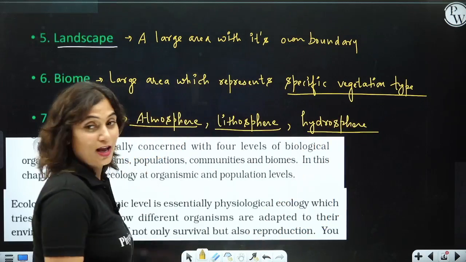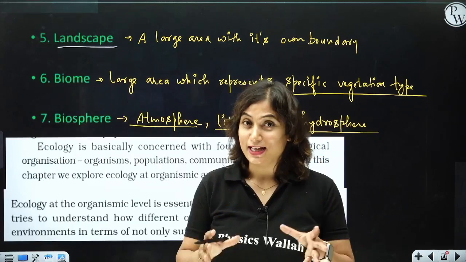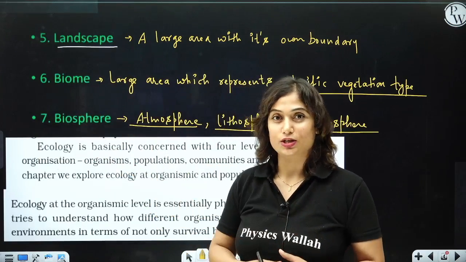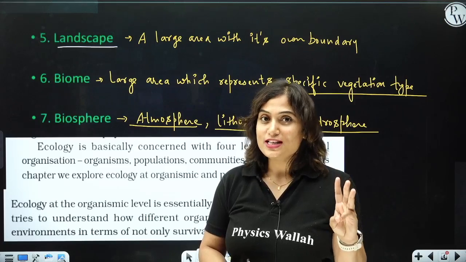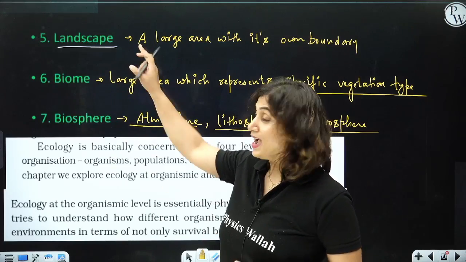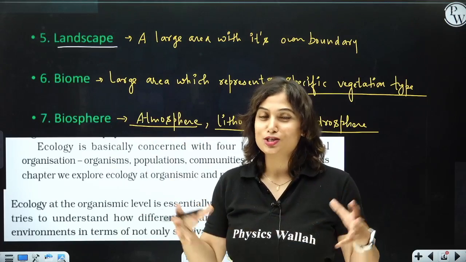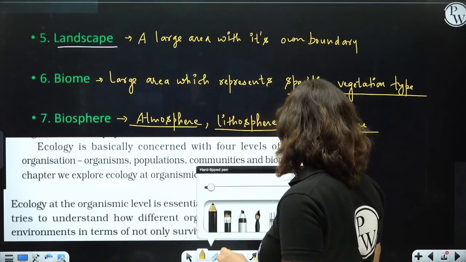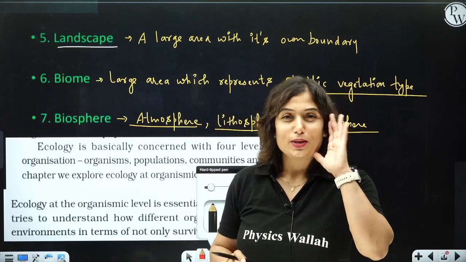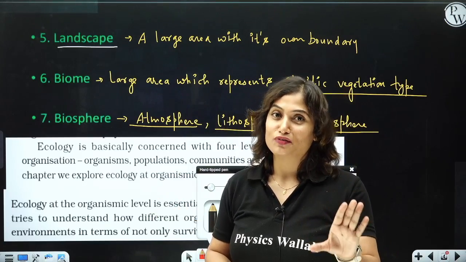So I hope you are getting the levels of organization: first organism, then population, then community, then ecosystem, then landscape, then biome, and the largest one is the biosphere. I told you this so that you can understand the levels of organization.